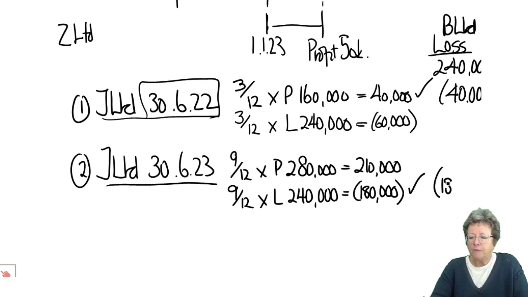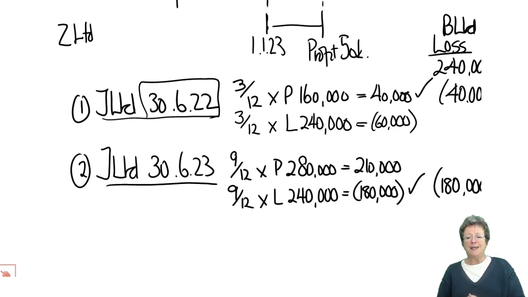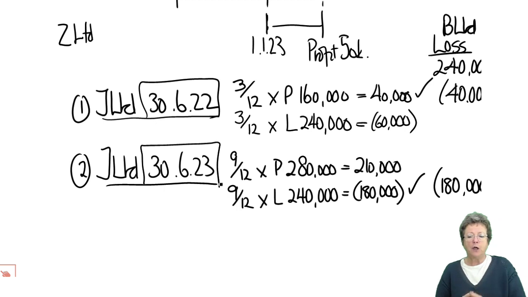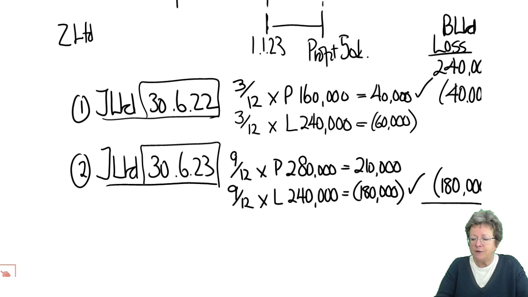So of the loss for Beyonce Limited, 180,000 of that loss can go to J Limited in this set of accounts to be offset against their profits of 280,000, reducing them down to 200,000. So after we've dealt with J Limited, we've got 20,000 left.